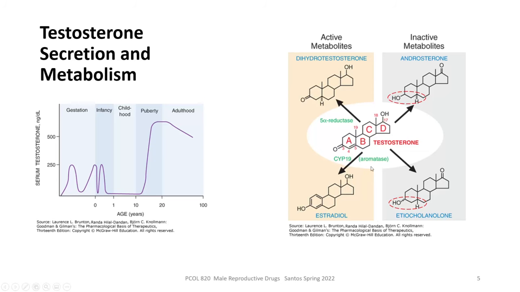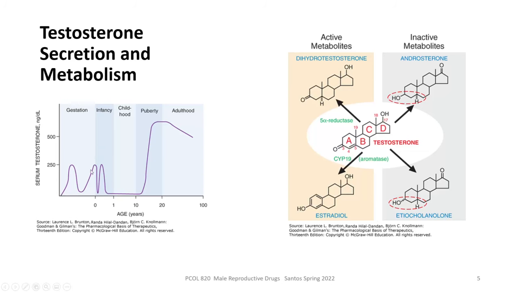So we will have drugs that block those enzymes, and by doing that, they promote an increase in the levels of testosterone. On the left-hand side here, we see the measurement of serum testosterone in nanograms per deciliter.